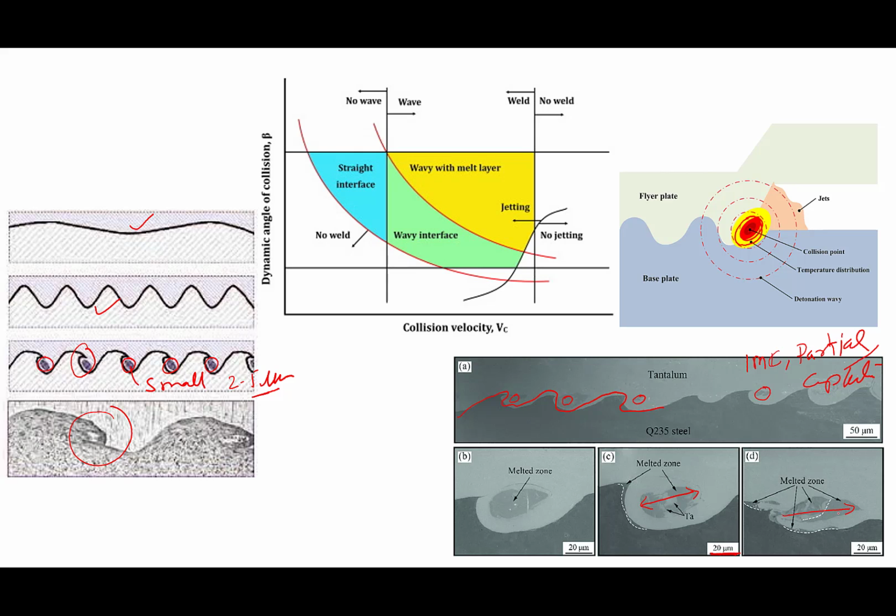These are very large in size, around 30 to 40 micrometer. Very large pockets are formed when the jetting is happening, and these are the melted zones. But when the pocket size is small, their adverse effect on the joint performance is limited.